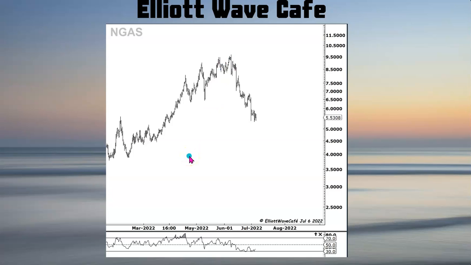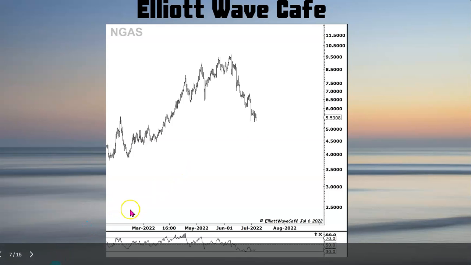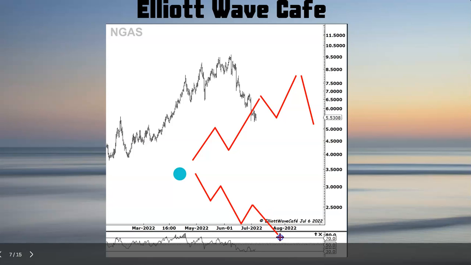And I wanted to close off with this and let you know, it's a little bit easier to get rewarded on the top side on a wave 5, because usually these drops are stronger than being rewarded on the downside on a 1, 2, 3, 4, and 5 for a move higher.